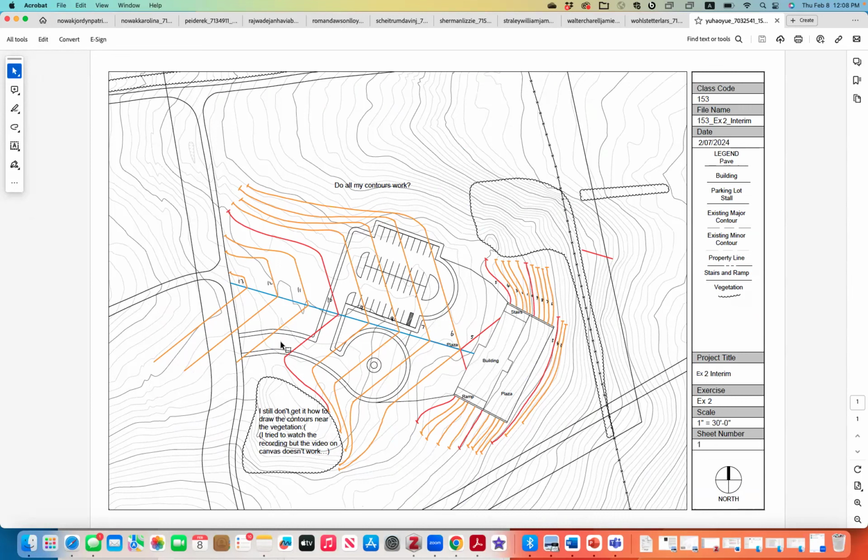I still don't get how to draw the contours near the vegetation. Yeah, it could be confusing there. Let's see. You have 12, 10.